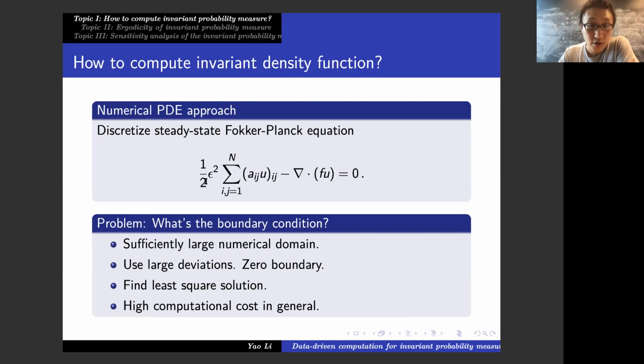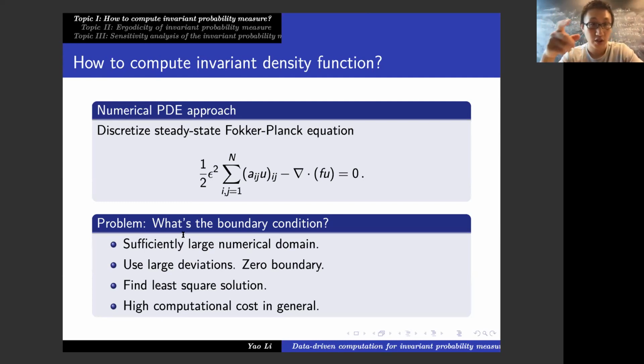After the discretization, is it solved? Well, yes and no. The Fokker-Planck equation in general is defined on an infinite domain. Then a natural question is how are you going to set up the boundary condition? The common practice is to make the domain big enough.